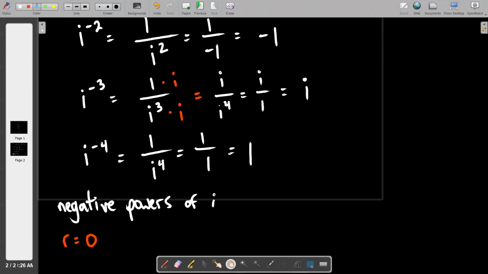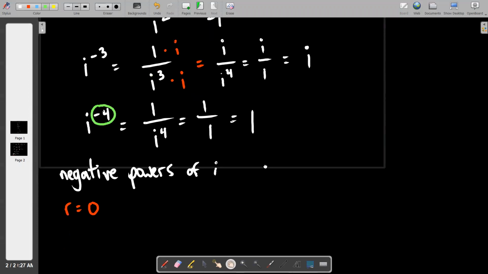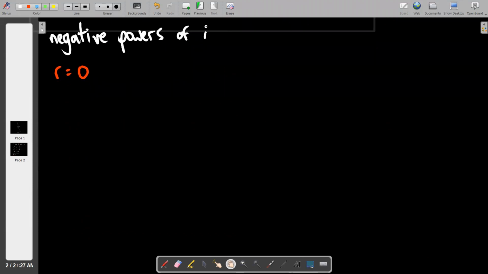So the one that we got that was a remainder of 0 was right here. If you think of the number negative 4, and you divide it by 4, do we agree that there's no remainder? Okay, so when the remainder is 0, what do we get? Much better. Good. So if the remainder is 0, the answer is still 1. And that's nice because that goes for positive powers and negative powers. So there's the one thing that they have that is the same.